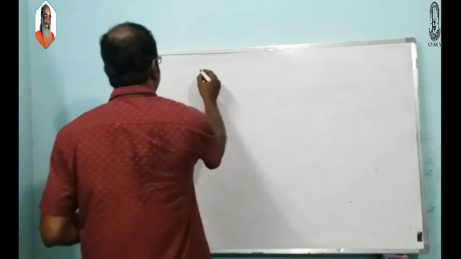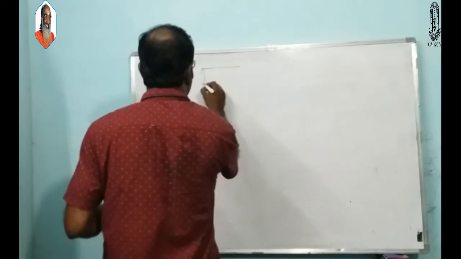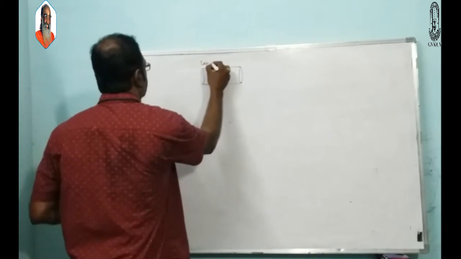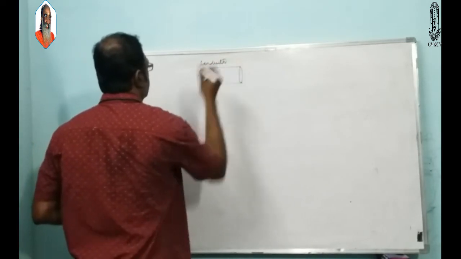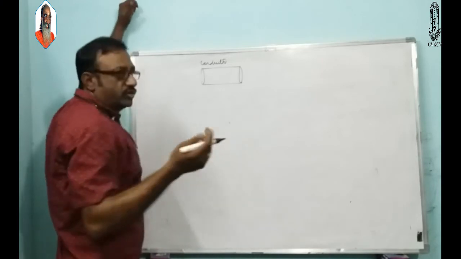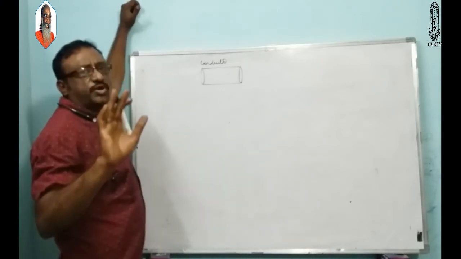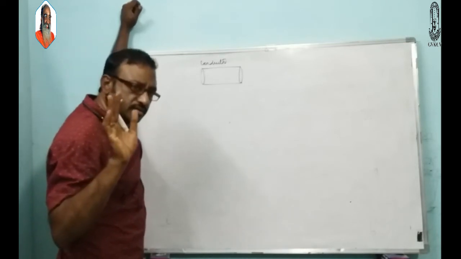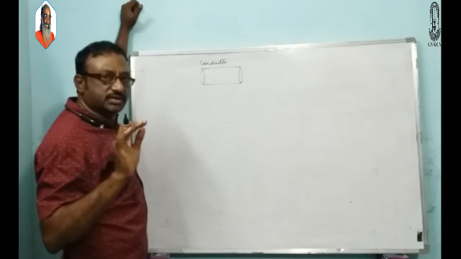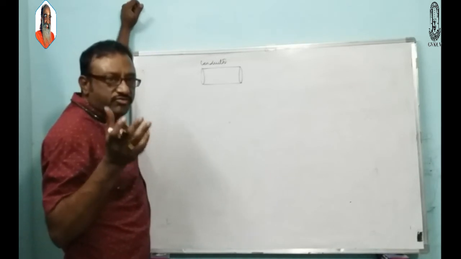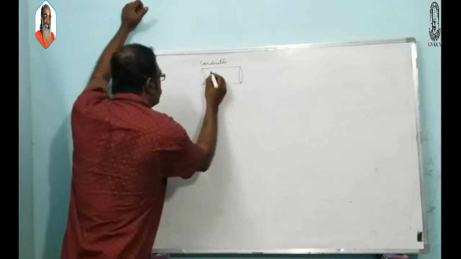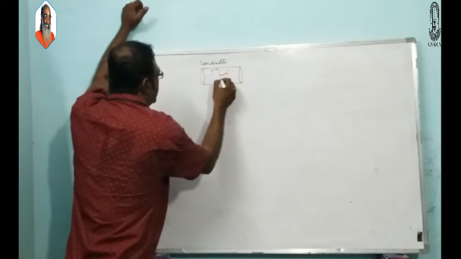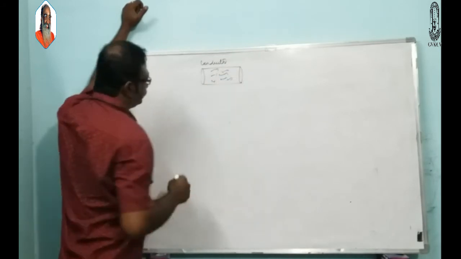If you consider a conductor here, we already know that initially, even if the potential difference is not applied, it has charge carriers, that means the availability of free electrons in it, and their motion is random. We already know about this.